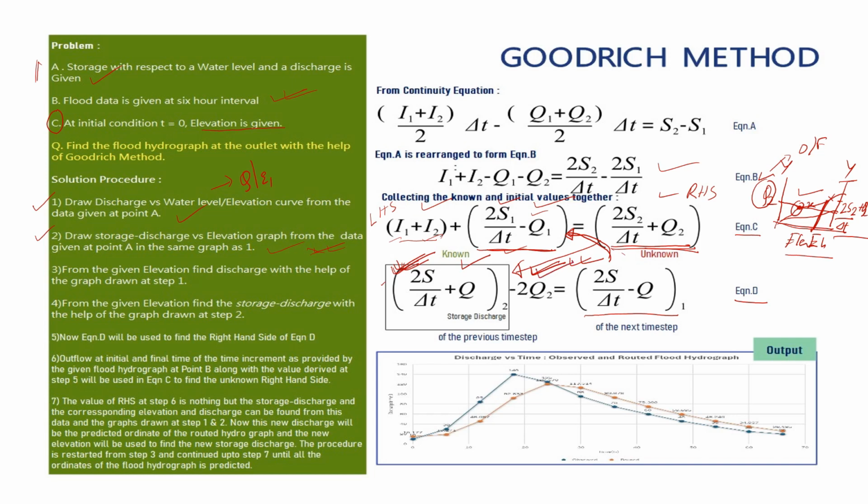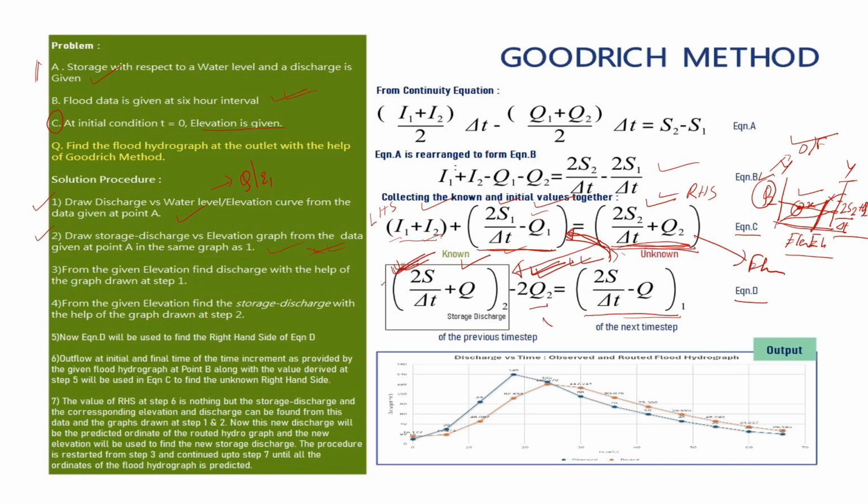So then this minus this, you get the new value. Then again you put it here, add the I1 plus I2 of the next time period, and you find this 2S by del t plus Q2. Then find the elevation for this corresponding value from this graph, and this elevation will also give you that Q2.